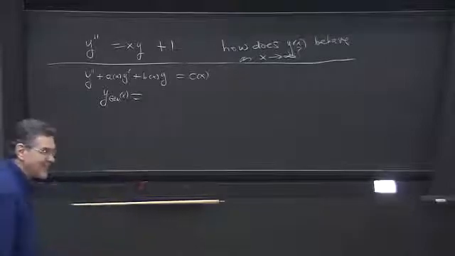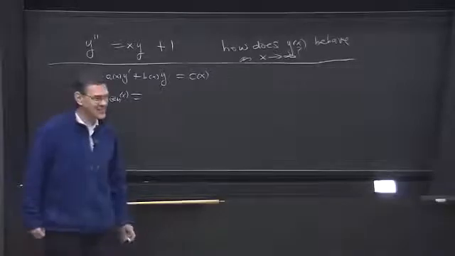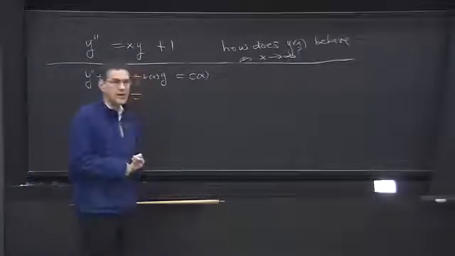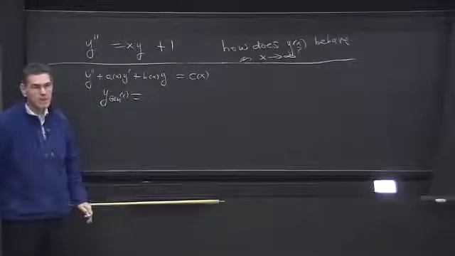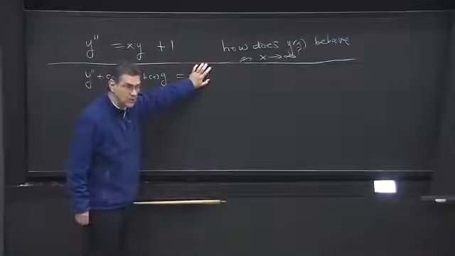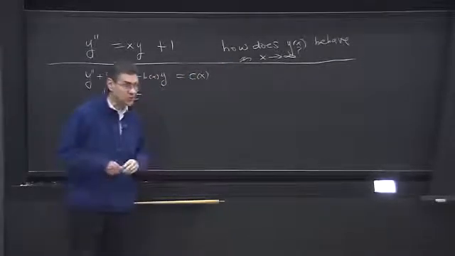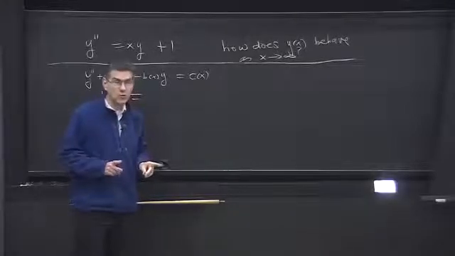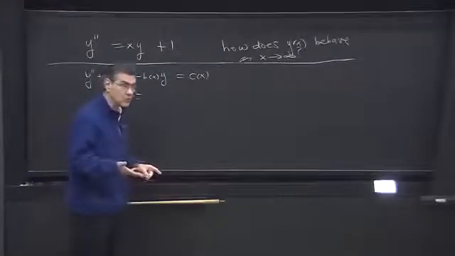Excellent. Okay, so what you know, that was real fast, is that to solve an equation like this, the first thing you do is you take away the inhomogeneous term. And you have a second-order homogeneous differential equation. And there are two linearly independent solutions.